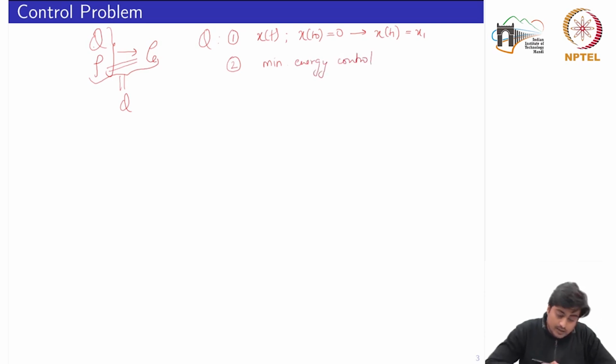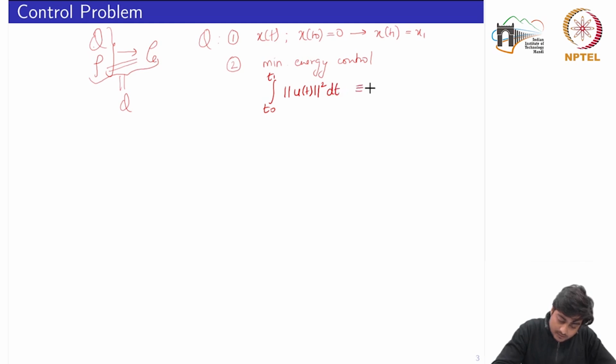Meaning to say that when we compute the energy of the control signal, it should be of the minimum value. And if you recall, in some of the tutorial problems we have also computed the control energy. If u is a vector, then to compute the energy consumed in the control signal from time t0 to t1, we take the norm of the signal u(t) squared, integrated dt.